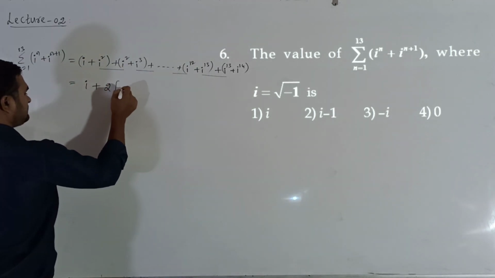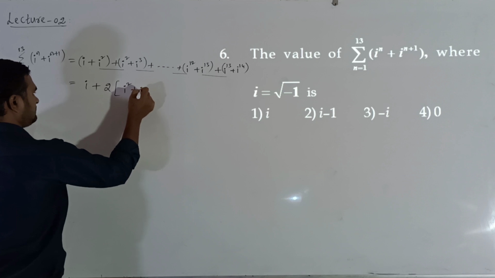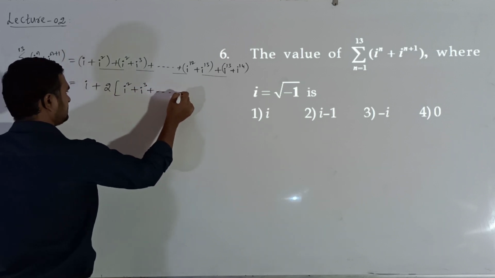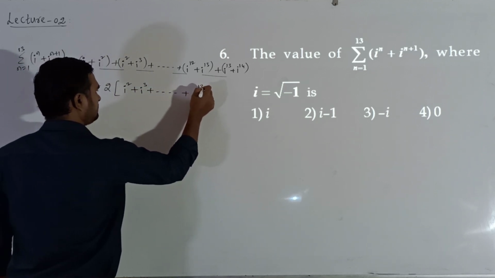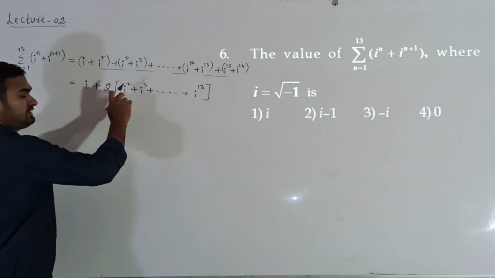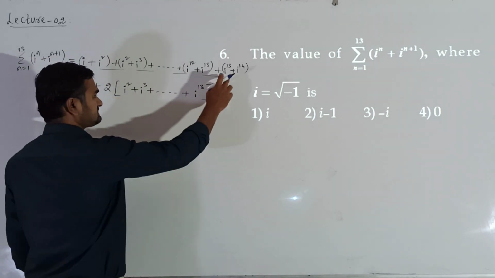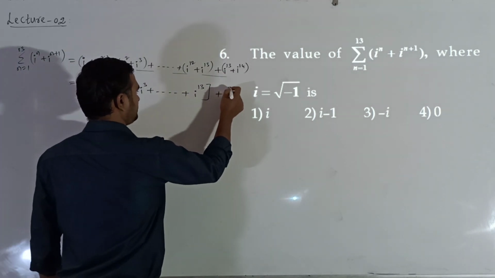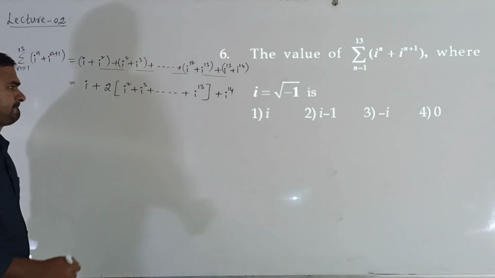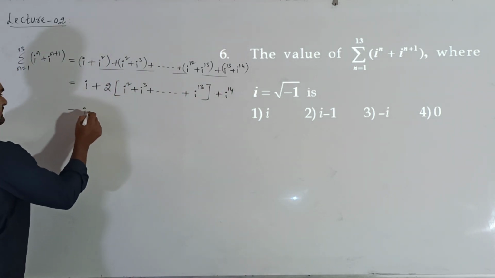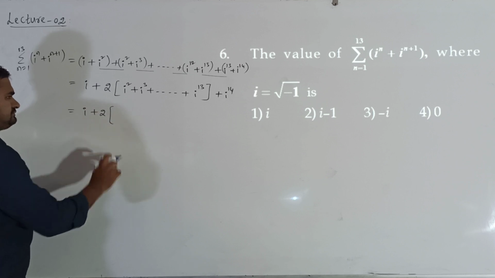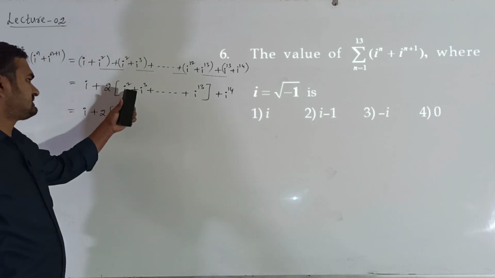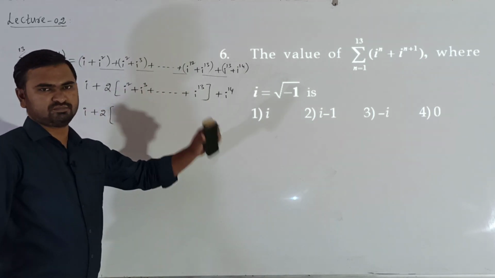So take 2 common, i square, i cube and so on up to where? i power 13. So these are repeated 2 times plus last term is i power 14. So i plus 2 into, now observe this i square, i cube up to i power 13.